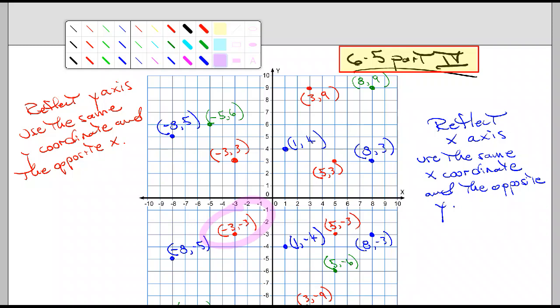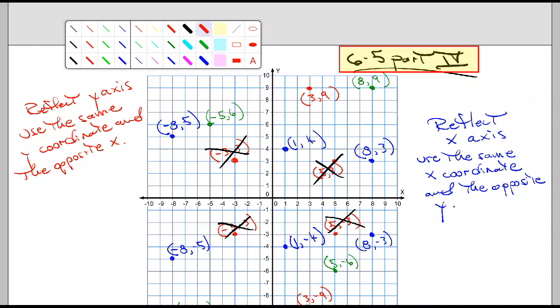Wait a second, I have that one wrong, I think. X is the opposite. Yeah, so let's cancel those out. Made a mistake there. Let's look at the other one. Let's see if I did that one right. Reflect the y-axis, use the same y-coordinate. Did I mess up on that one too? I did, didn't I? On both of them. Yeah. All of them. Well, let's do another one then here.